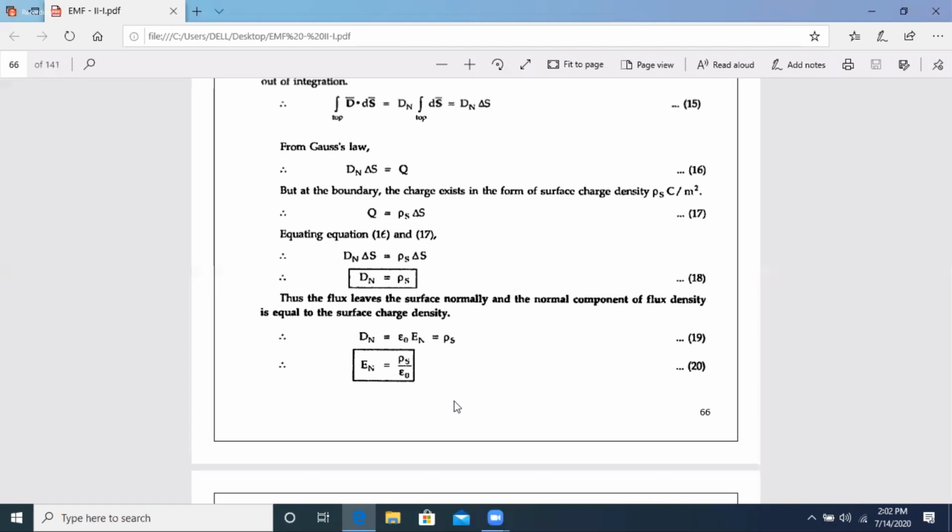Can I read the first part of the question?